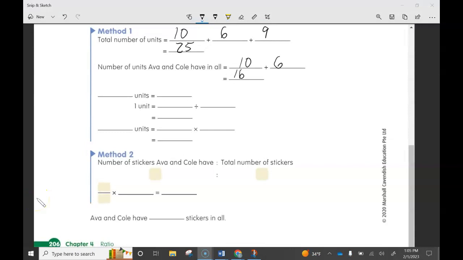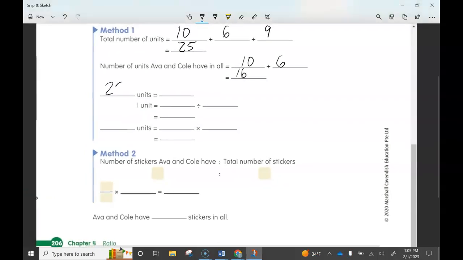So thinking through this problem, we have 25 units we know from our picture above. It's going to equal 175 stickers. So in order to find 1 unit, we need to take that 175 divided by 25, and we'll see we have 7 for the 1 unit.